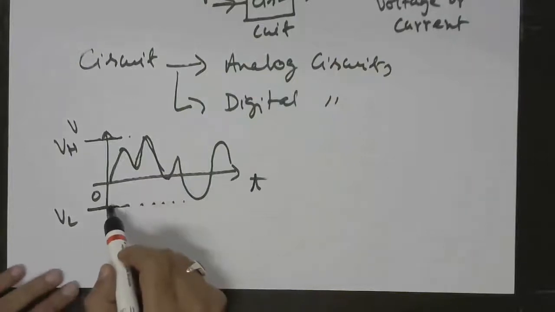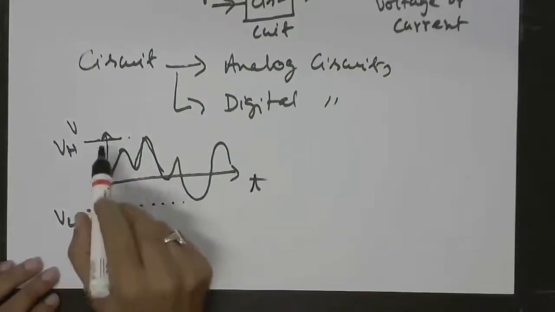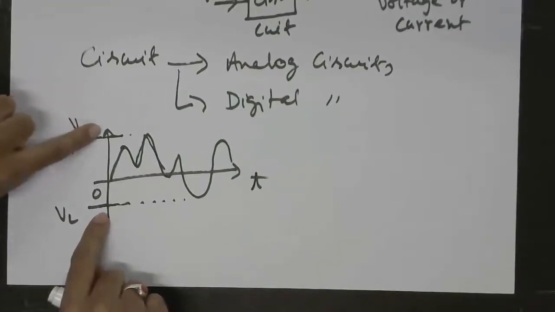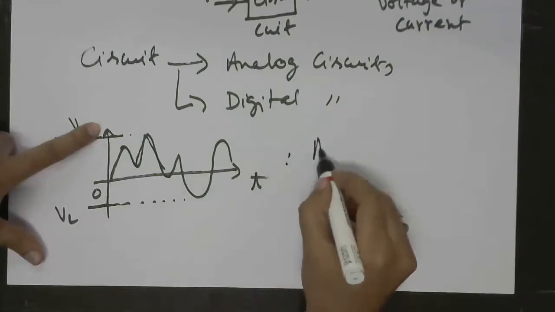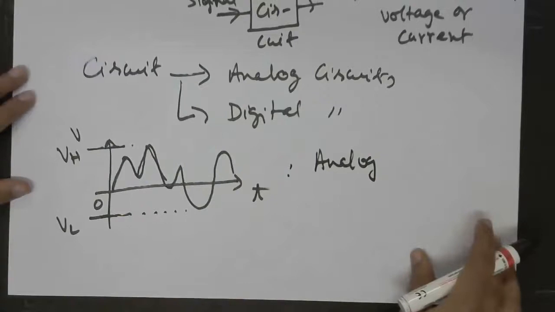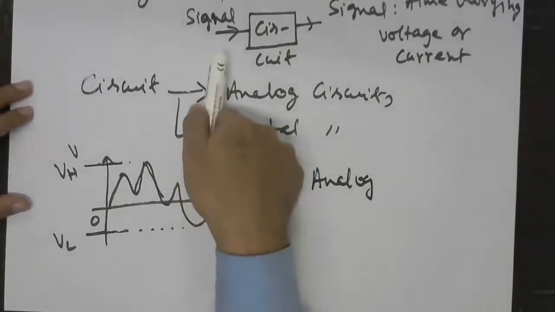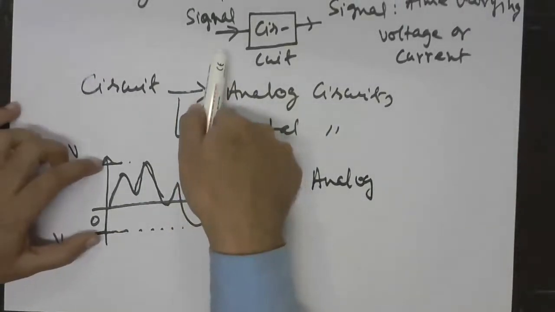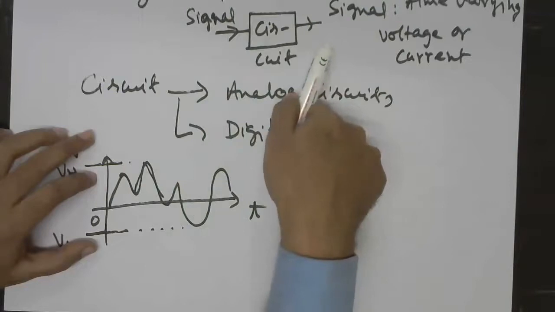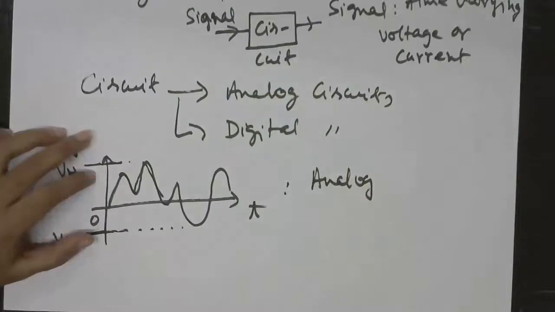So we say that the signal is continuous over this range, and all such signals are called analog. So this signal will be called analog. Any circuit which takes an analog signal, that means a signal which has continuous value between two limits, and also produces a similar type of signal on the output, will be called an analog circuit.